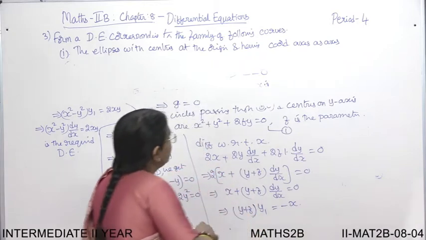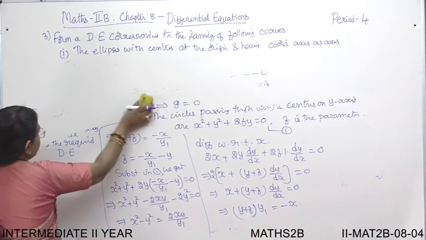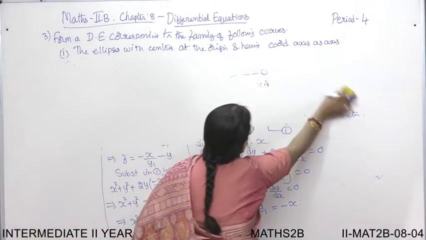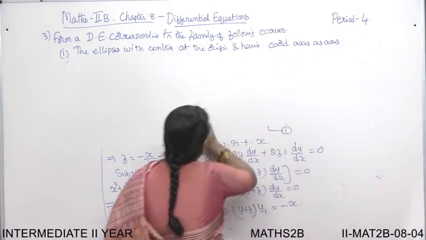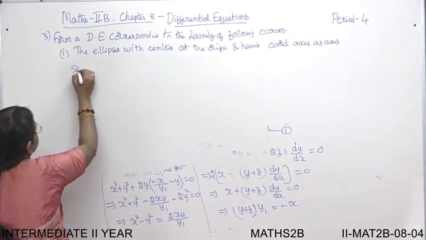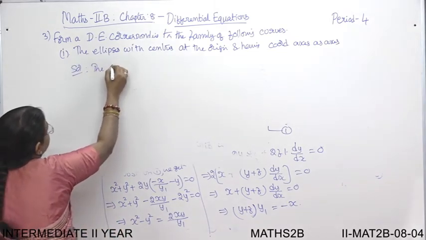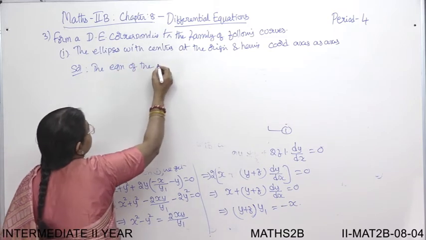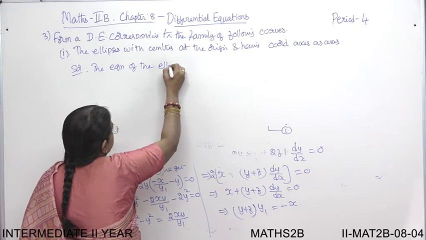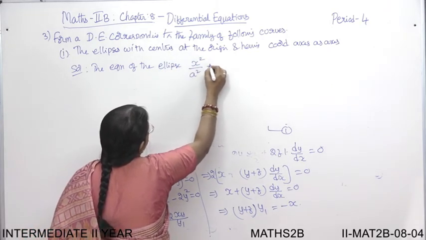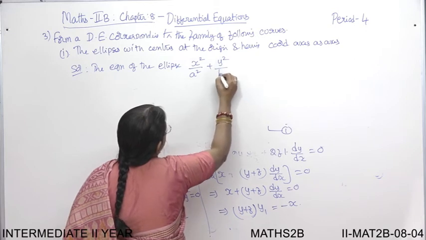In the ellipse, the standard equation of the ellipse with the center at the origin is x square by a square plus y square by b square is equal to 1.